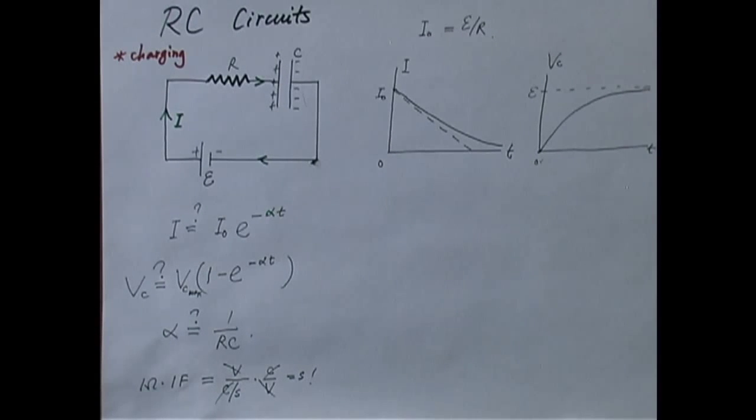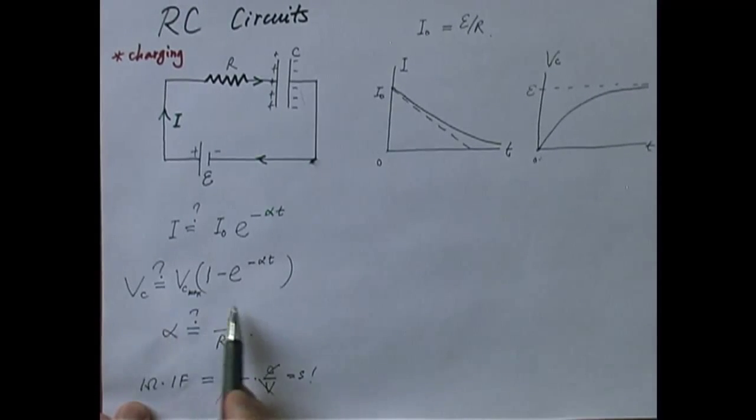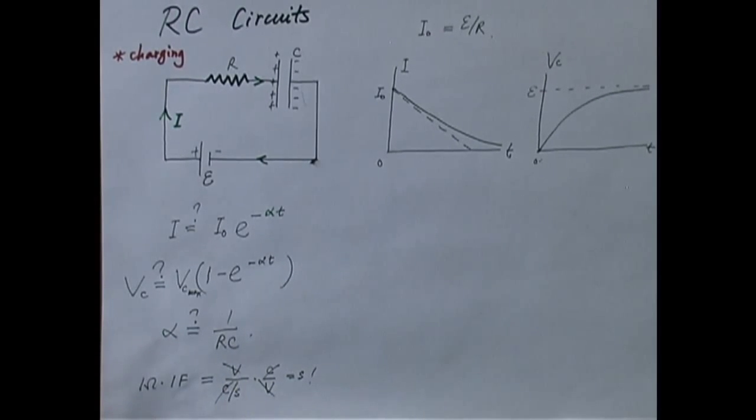But a large alpha means a small r and a small c. So if this expression makes sense, a small resistor and a small capacitor would be charged up quickly. Is that right?